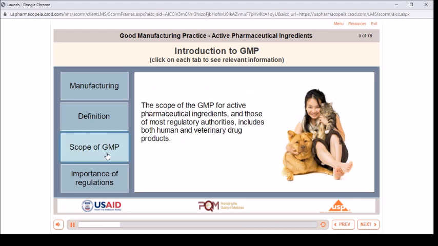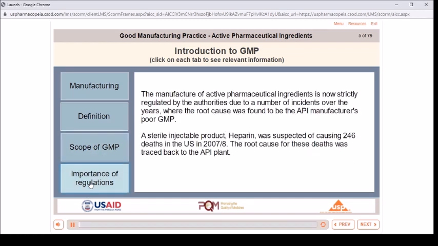Scope of GMP. The scope of the GMP for active pharmaceutical ingredients and those of most regulatory authorities includes both human and veterinary drug products. Importance of regulations.